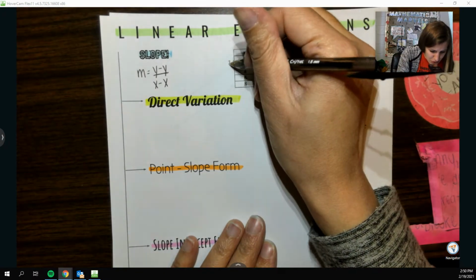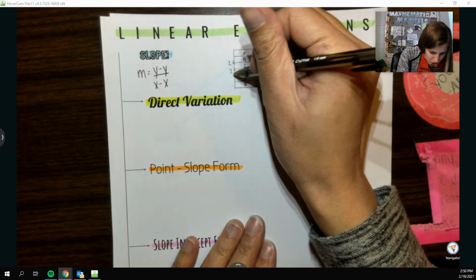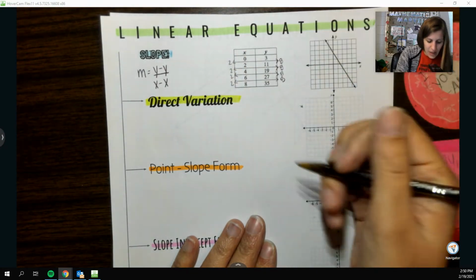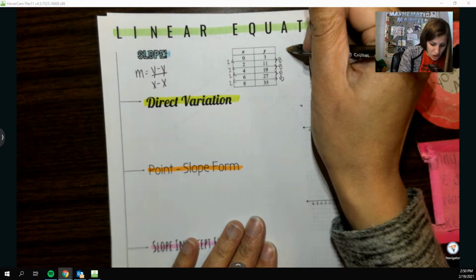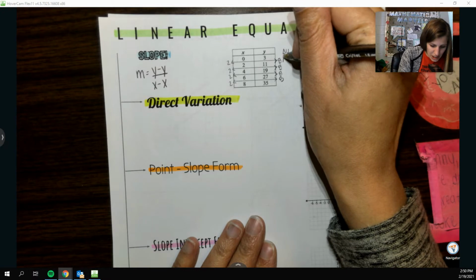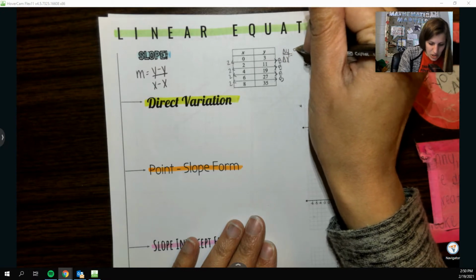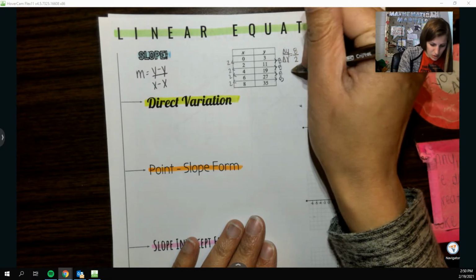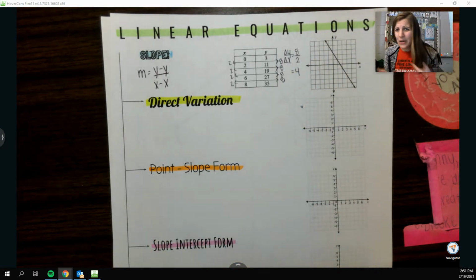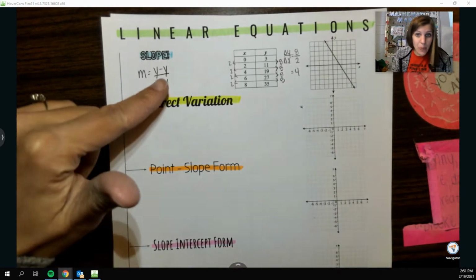So from 0 to 2 is 2, 2 to 4 is 2, 4 to 6 is 2. And so we do the change in y, like delta y, over the change in x, so 8 over 2, which is 4.